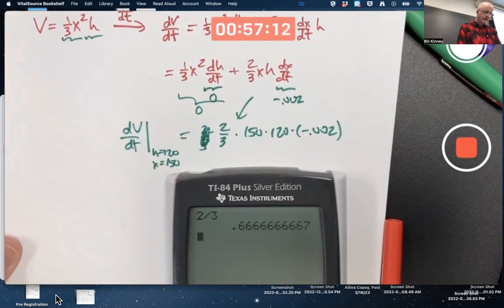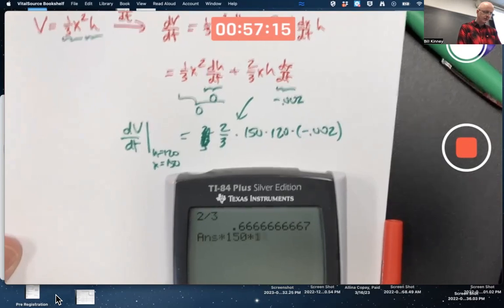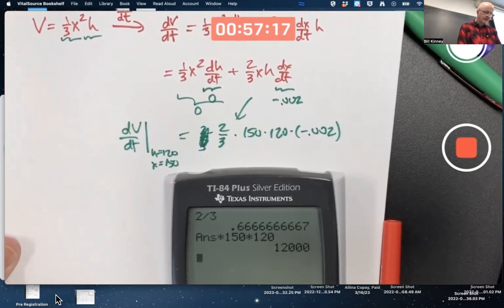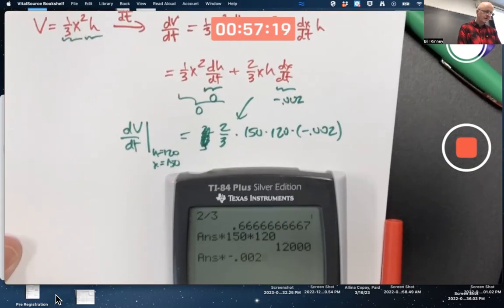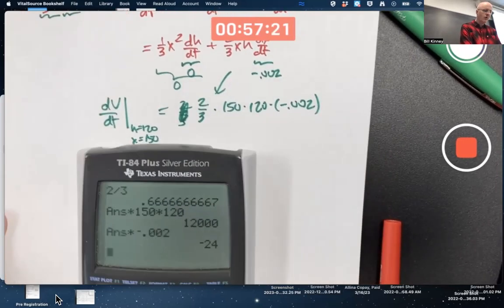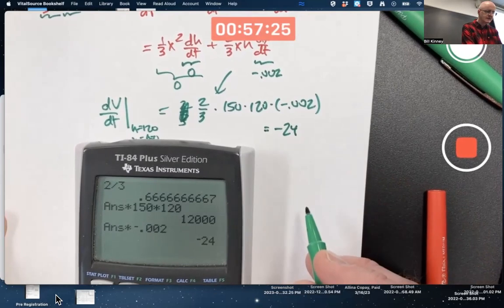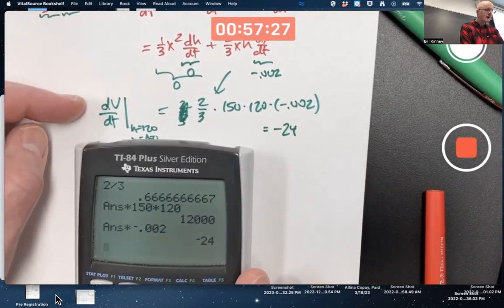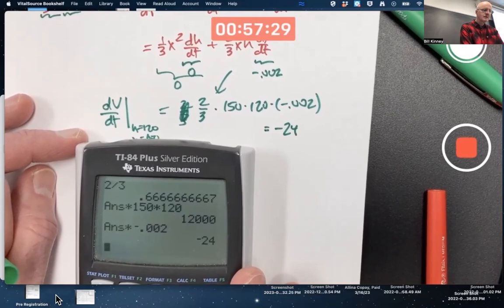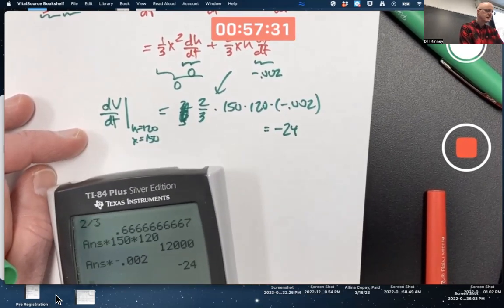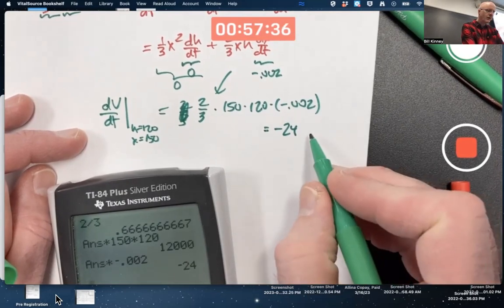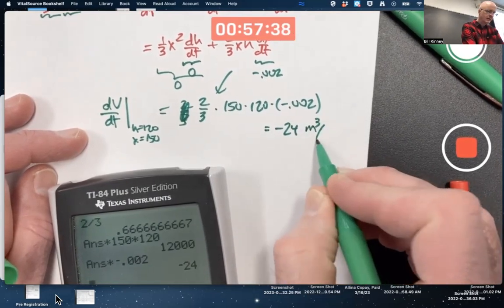Two-thirds times 150 times 120 is a big number, but then times negative 0.002, about negative 24. I guess exactly negative 24. Don't forget units. Units of volume per unit time. Distance units are in meters. Time units are in years. So it's negative 24 cubic meters per year.